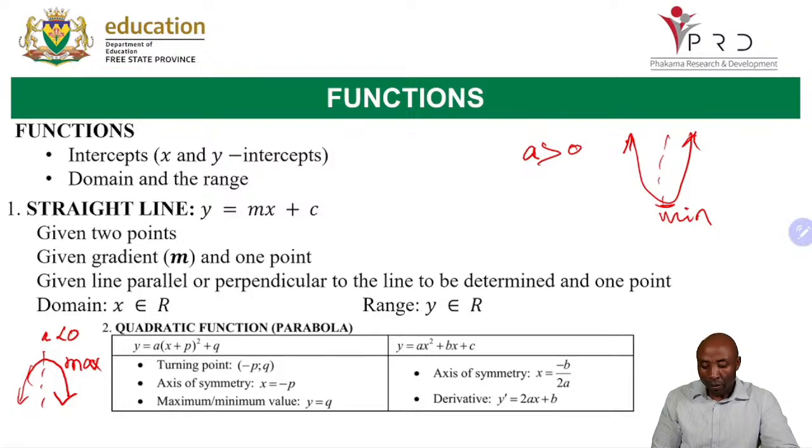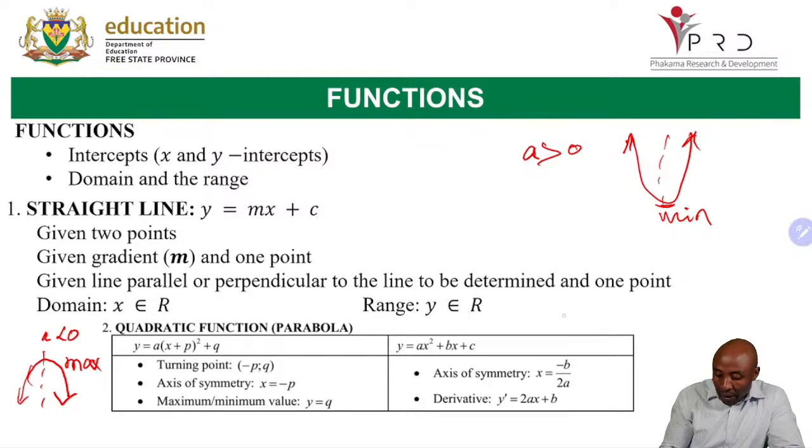Now, we also have another form for the parabola, where if we are given a graph, we have x1 and x2. These are our x-intercepts.